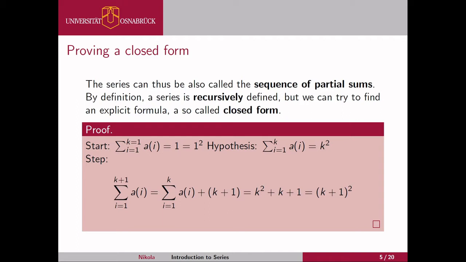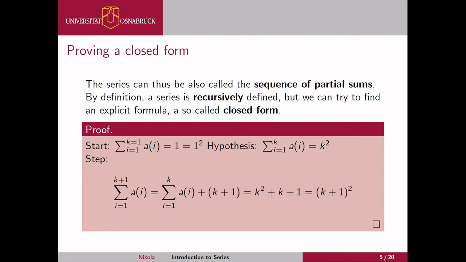So here the proof would use complete induction, and your hypothesis is that the kth term of your series is equal to the kth square number. So the sum of your sequence until the kth place is equal to k squared.